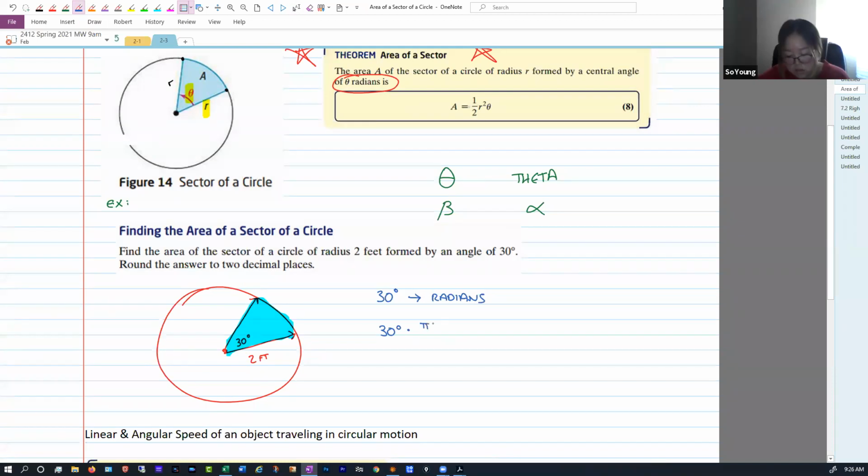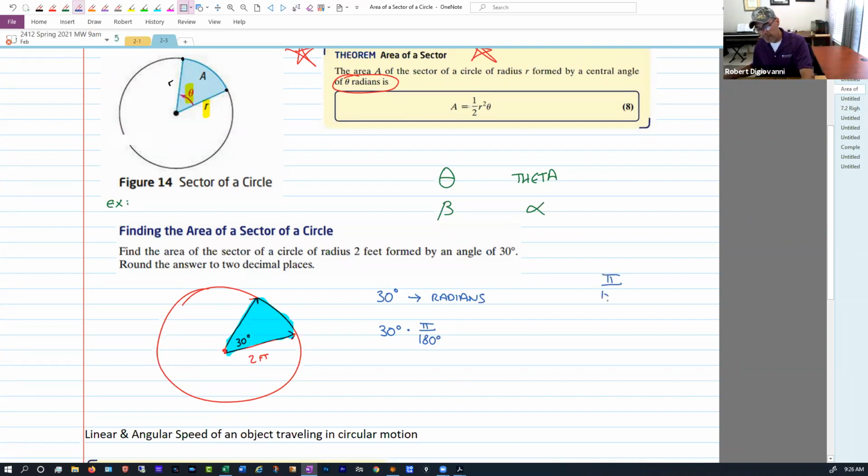Pi over 180. The way I remember this is that I'm either going to use pi over 180 or 180 over pi. It depends on which way I'm converting. If I have degrees here and I want the degrees to go away, then I need the degrees on the bottom. So this should cancel out.